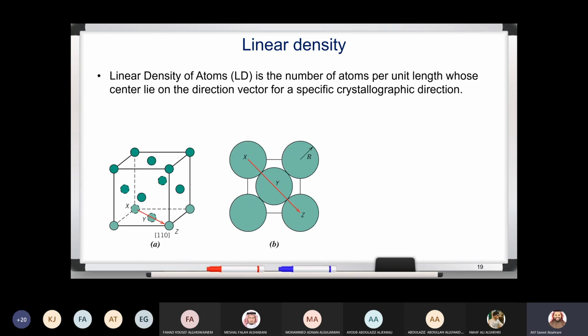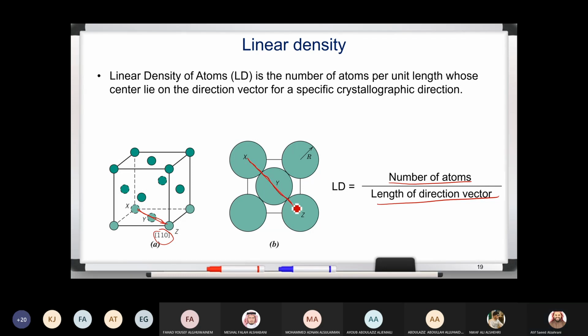For example, if you look here, the linear density is the number of atoms per unit length for the length of the direction. The number of atoms for this direction, which is 110, if you consider a 2D, how many atoms are crossing whose centers are on the line direction?